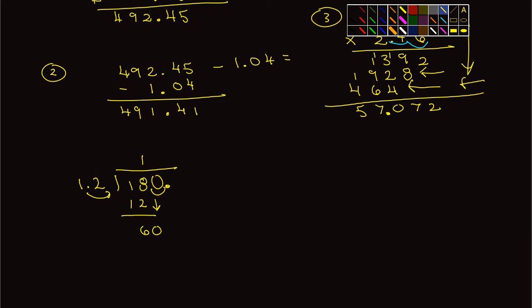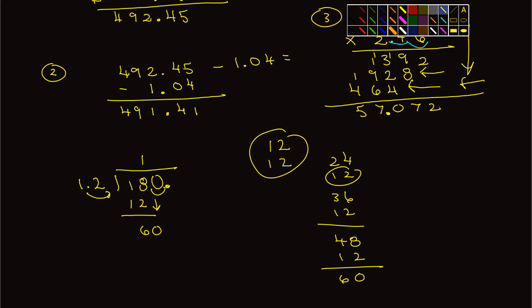Okay. How many times does 12 go into 60? Well, do you know your multiplication chart yet? 12 plus 12, that's 24. How about another 12? Now 36. How about another 12? That's going to be 48. If we add another 12, that's going to be 60. How many 12s was that?